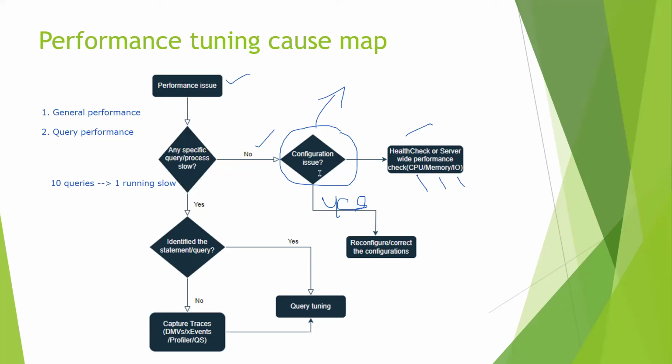If there is an issue at the server-wide or database-wide configuration, all the queries would be impacted, not only a specific query. If that is the case, we'll have to see if the query is identified. Let's say, for example, they mentioned that there is a click that is running slow. They have an application where they are doing some click.